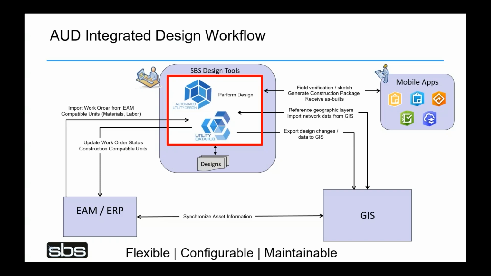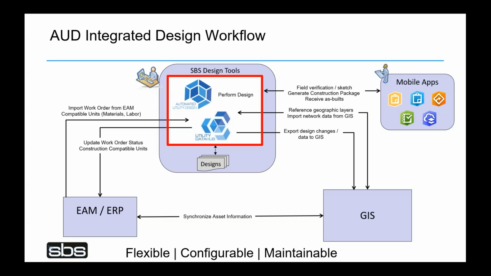We're very agnostic there, but the flexibility of the Utility Data Hub is such that as we've implemented on these, we've gone ahead and put them into a core framework. So 99% of what we do with these external systems is configuration, which makes the Utility Data Hub really flexible, but also really maintainable going forward.